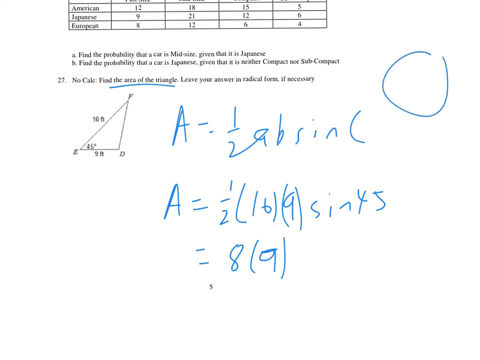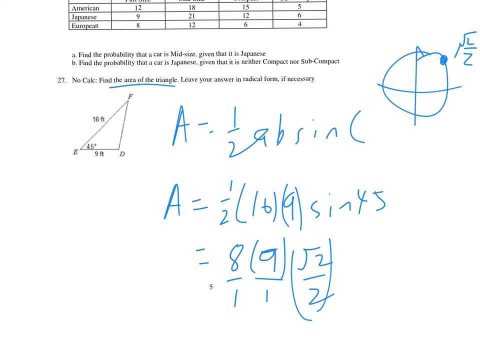Sine of 45, I can go to my unit circle. I know 45 is right there, and I know the y value right there is rad 2 over 2, so I can replace that with rad 2 over 2. I'm going to do a little cross-canceling here with my 8 and my 2, so it's going to be 4. So it looks like it's going to come out to 36 rad 2. I guess that should be square feet.